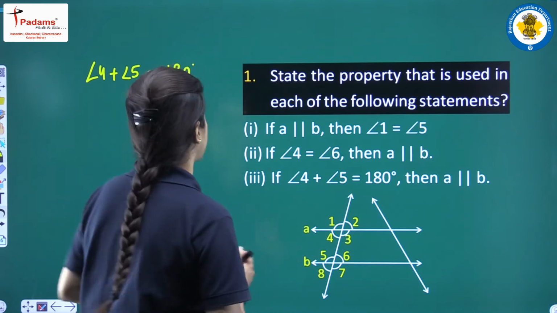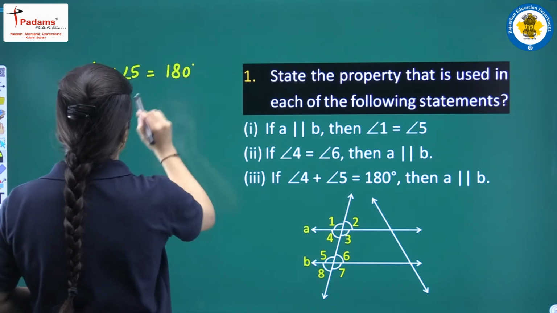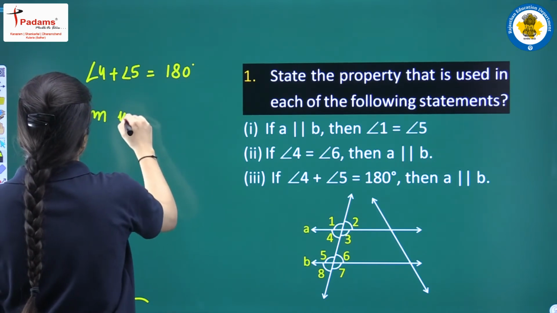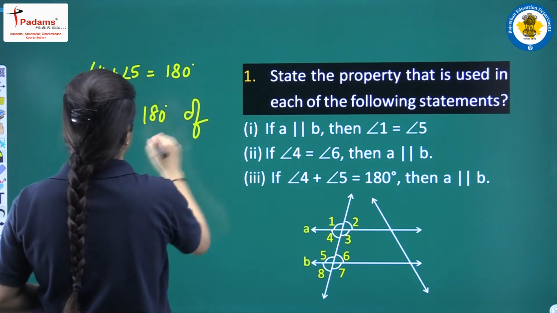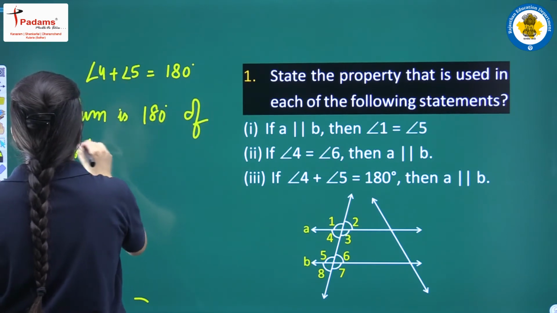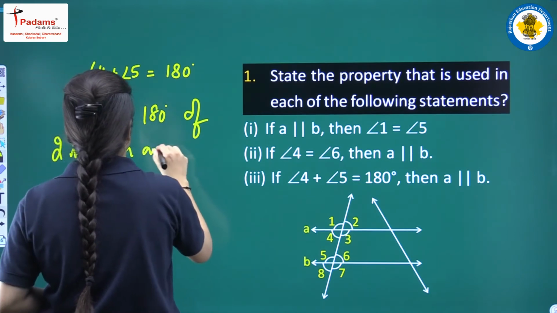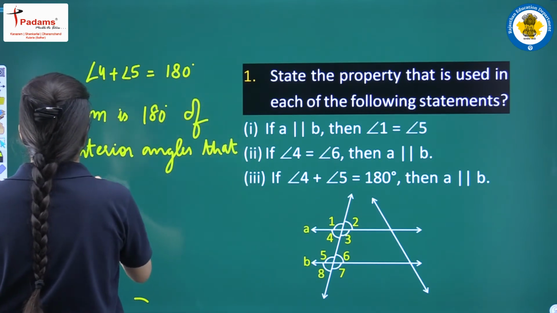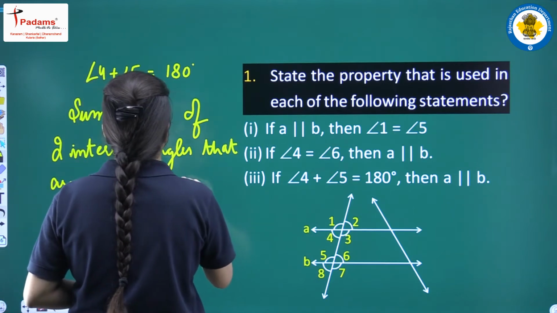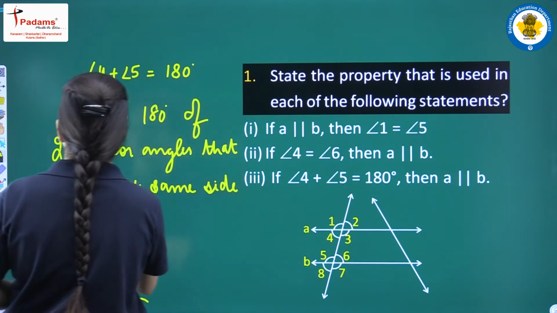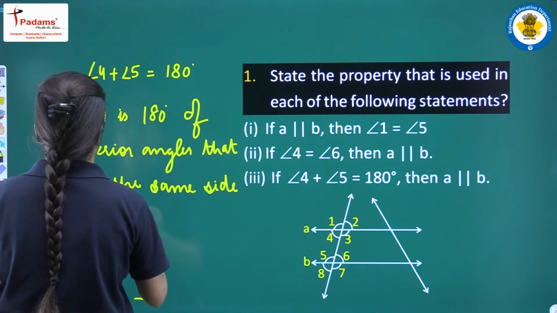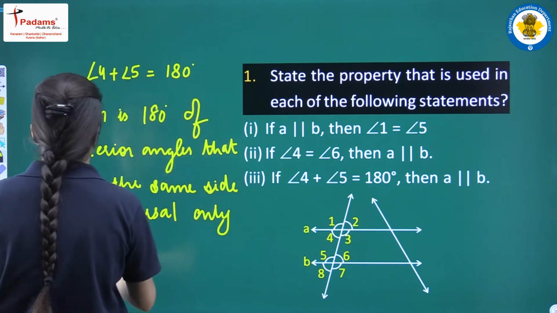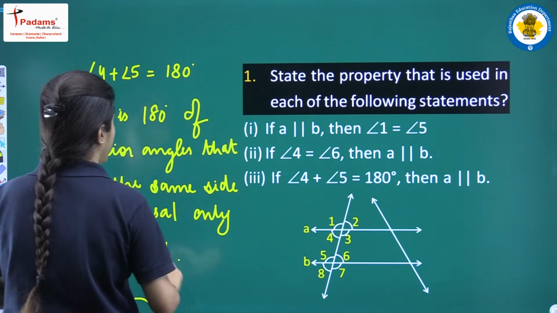Okay students, then write it like that. The sum of angles 4 and 5 is equal to 180 degrees. Then what you need to write: the sum is 180 degrees of two interior angles that are lying on the same side of the transversal only when line A and B are parallel to each other.